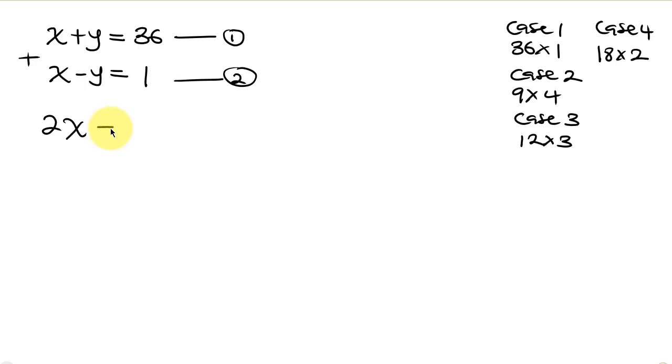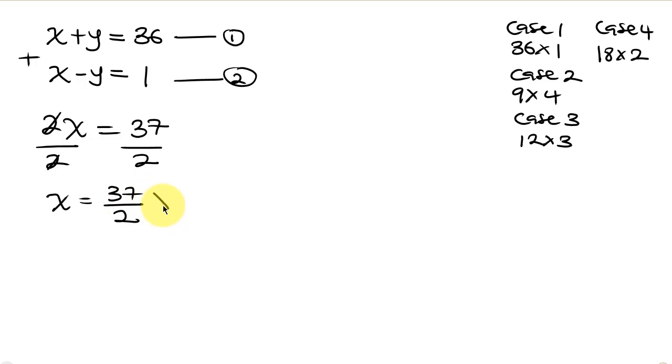This is equal to 36 plus 1, which is 37. Now to get the value of x, we just have to divide both sides by 2. 2 can cancel out from here so that we have x equal to 37 over 2. This is not a natural number because we are only interested in natural numbers. So we're going to be rejecting this.